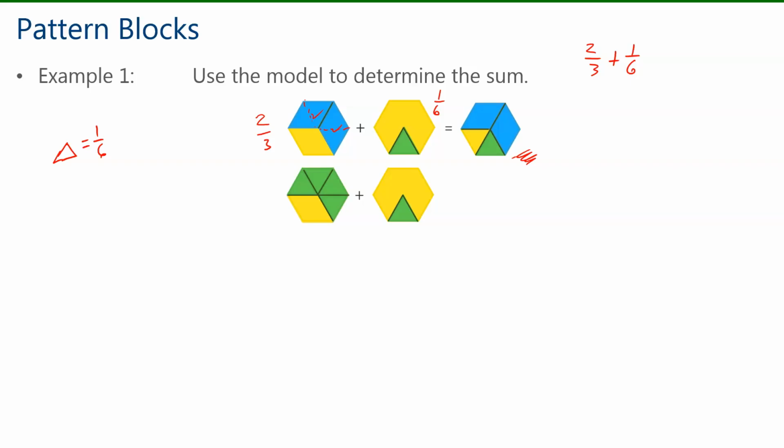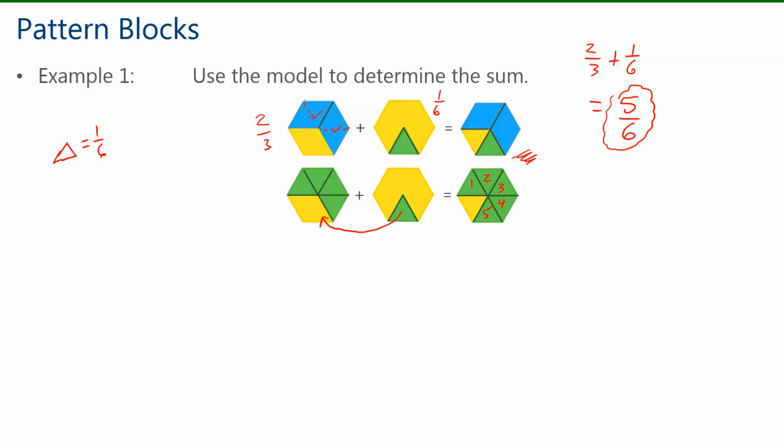And of course, for the 1/6, it's already one triangle, so I don't need to do anything with that. And then if I combine all the pieces in one whole, there we go. And I see I have 1/6, 2/6, 3/6, 4/6, 5/6. So 2/3 plus 1/6 equals 5/6. And that is in simplest form.